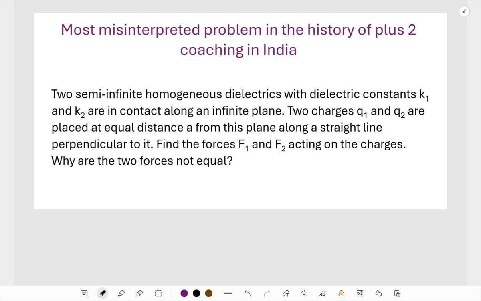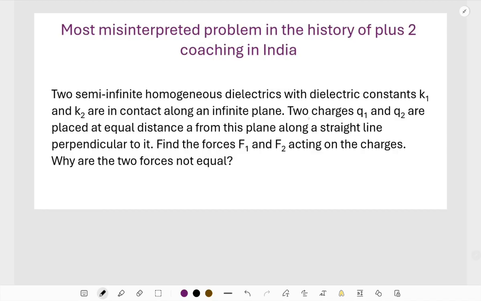playlist, basically for Olympiads. And the statement of the problem is: two semi-infinite homogeneous dielectrics with dielectric constants K1 and K2 are in contact along an infinite plane.